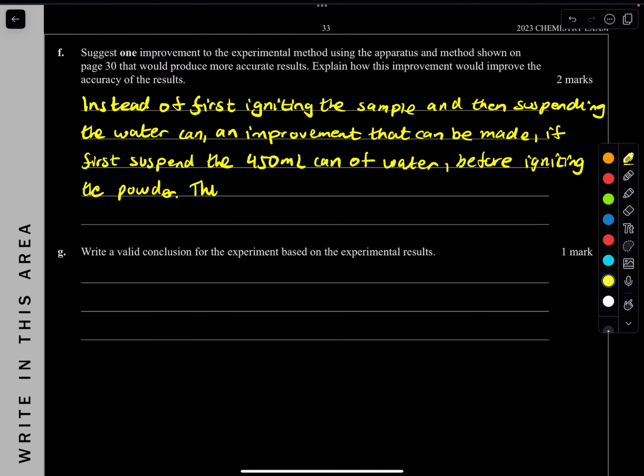This decreases systematic error, hence increasing accuracy.